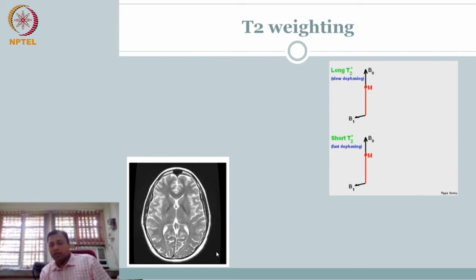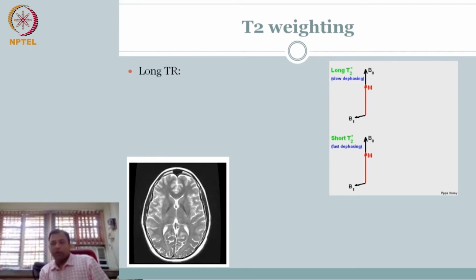So here also I don't care about how they start. I am interested only after it falls to the floor, how it is dephasing. So for different materials, I don't care about their T1 differences. That means I will allow all of them to go back to equilibrium. So here I will use a long TR.